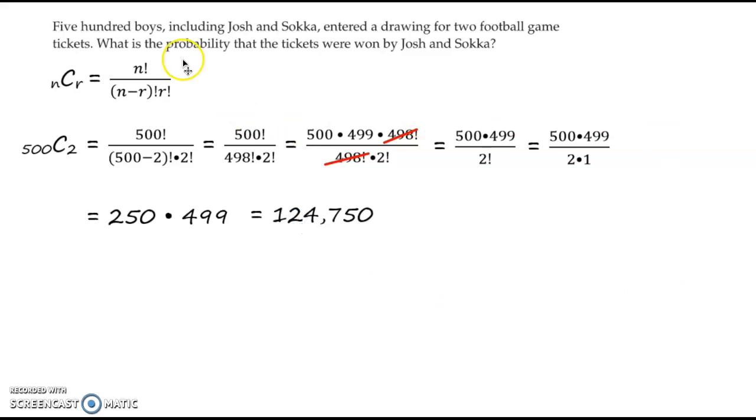And since there's one occasion when these 2 boys, Josh and Sokka, could be picked, the probability of that happening would be 1 over 124,750.